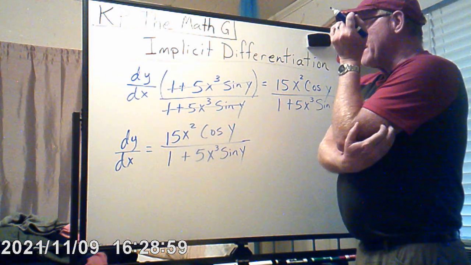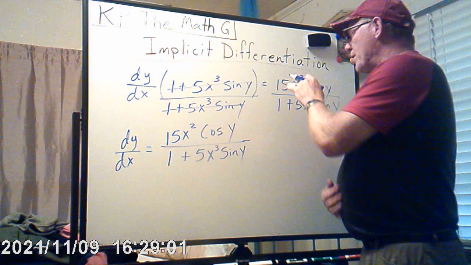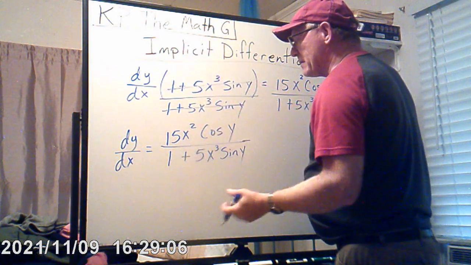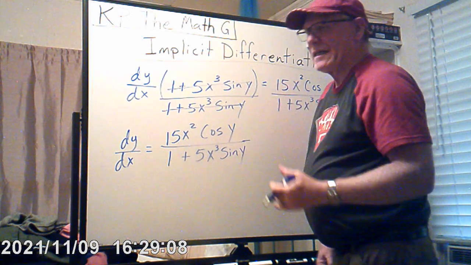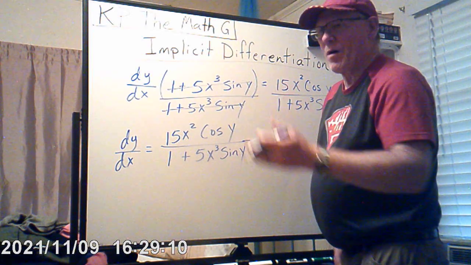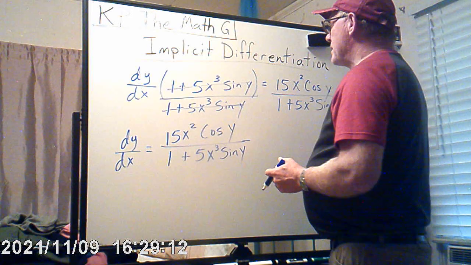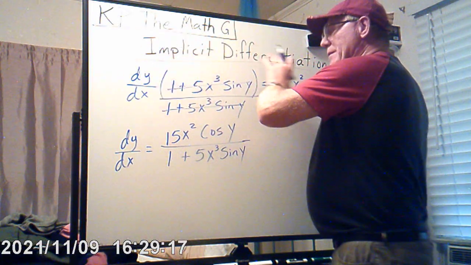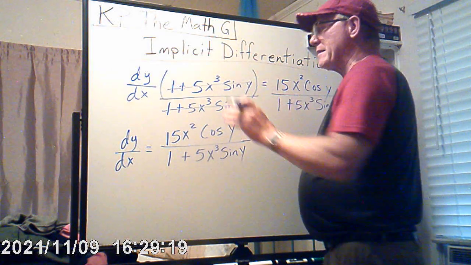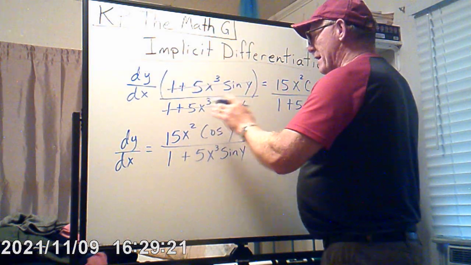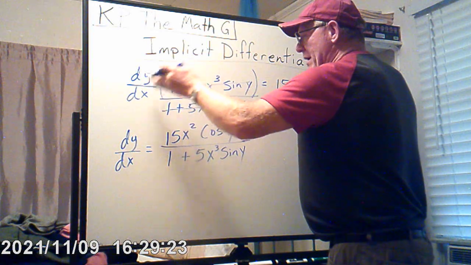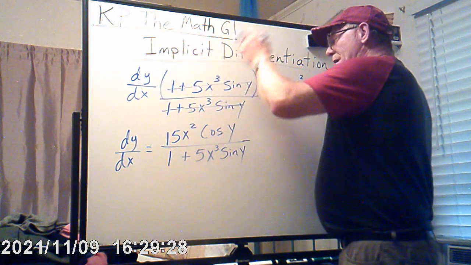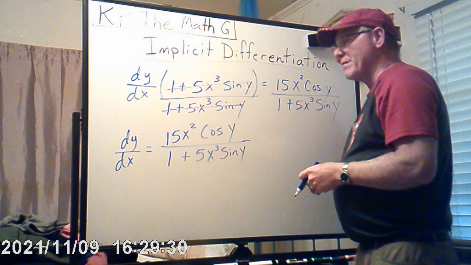Implicit differentiation is what you use when you cannot easily solve for y. Explicitly, y is already solved for; that's explicit differentiation. Implicit is going to have maybe a bunch of y's together, and one might be y cubed, y squared, y to the fifth, whatever.